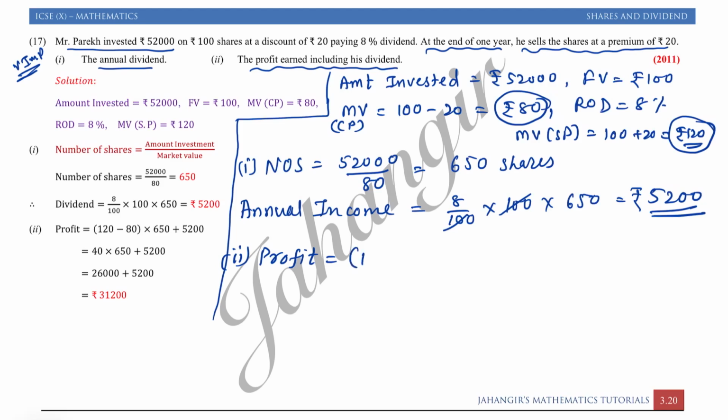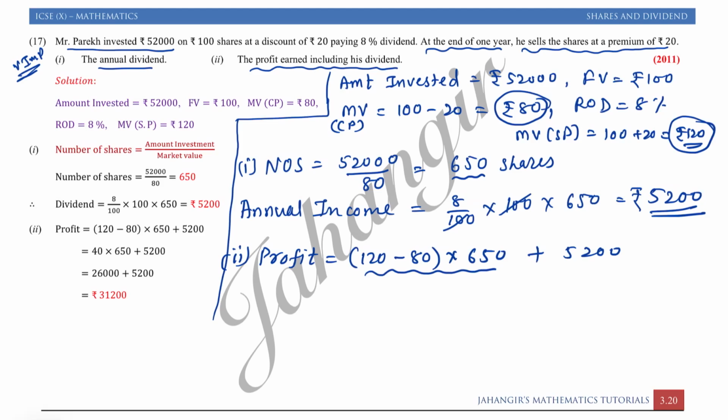So the profit on one share is 120 minus 80, that is 40 rupees he got as profit on one share, into how many shares he has, 650 shares. So we will get whatever profit he got while selling plus the dividend. In this way you can find the profit, or you can find 52,000 minus the amount received on selling plus the dividend.